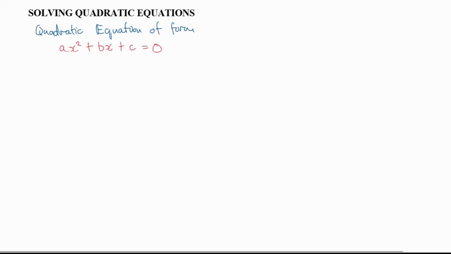Before we get into solving quadratic equations, I just need to quickly introduce what we call the zero factor rule. It says that if a certain a times a certain b is equal to 0, then what it means is that either a is equal to 0 or b is equal to 0.